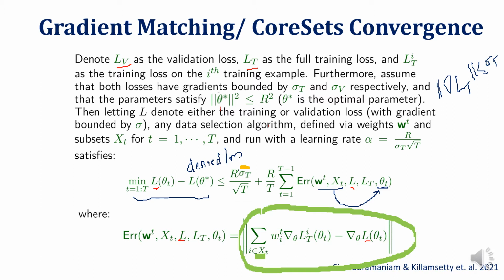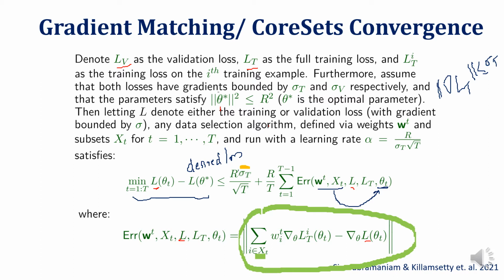So the idea is that the upper bound of the minimum of the difference of losses evaluated at theta t and theta star, where L theta star is a desired loss, has two terms.